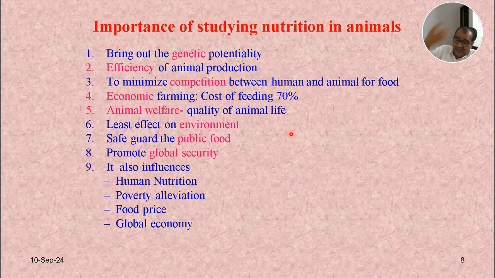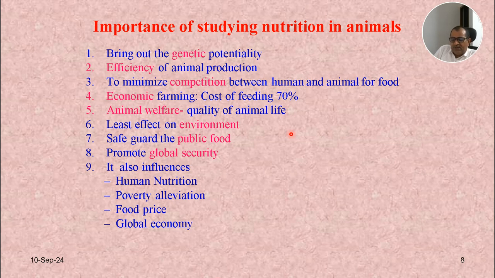So ultimately, the human is one of the most selfish beings, who utilizes almost all the animals for his benefit. Hence, before exploiting all these animals, at least we should see that they are properly nourished, and promote global security, especially the food security of the globe.